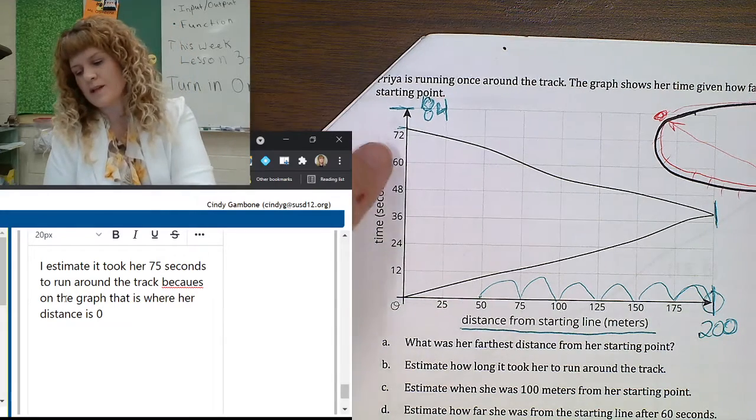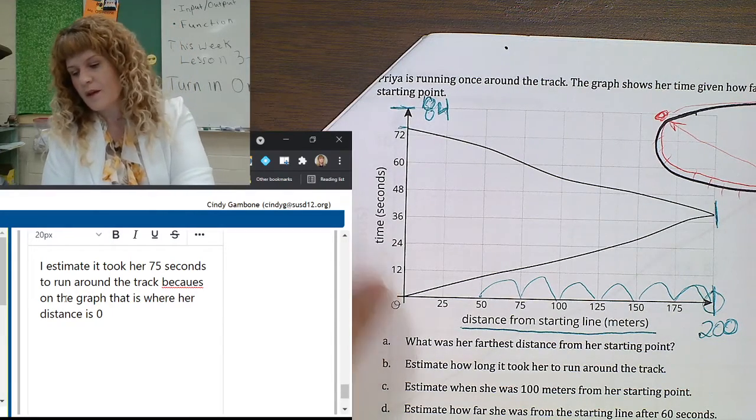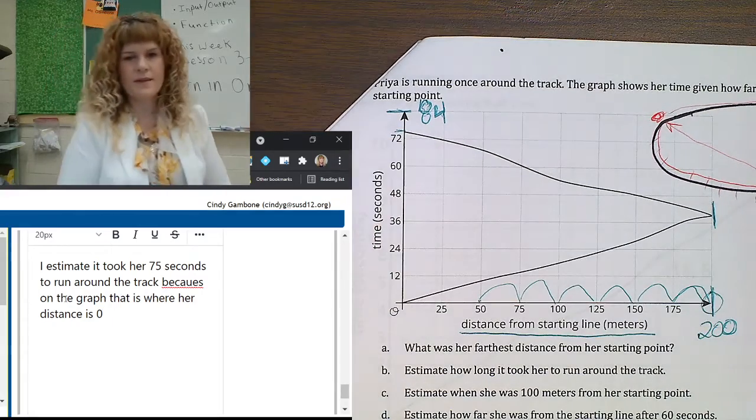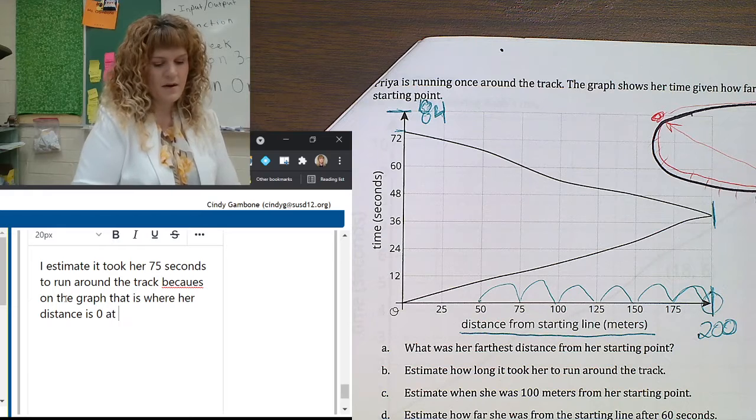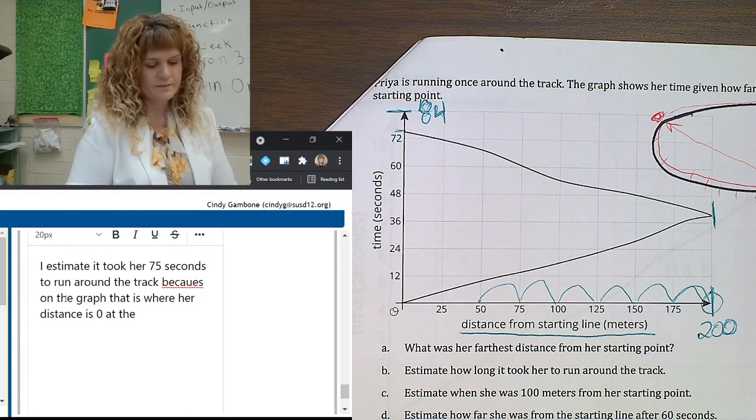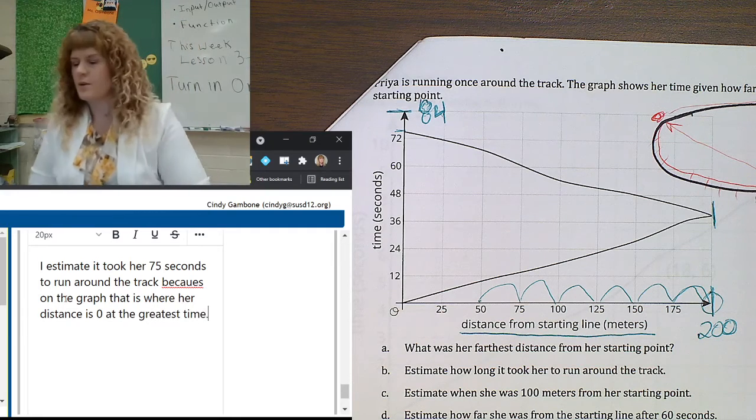Actually, there's 2 spots where her distance is 0. But anyway, that is where her distance is 0 at the greater time. At the greatest time? I think you know what I mean.